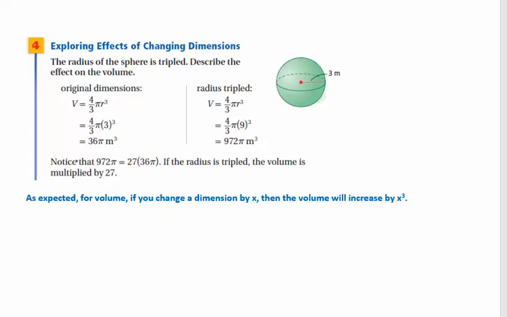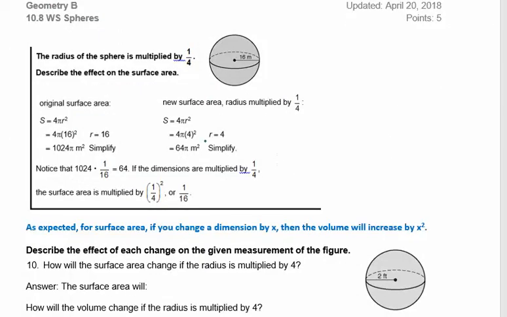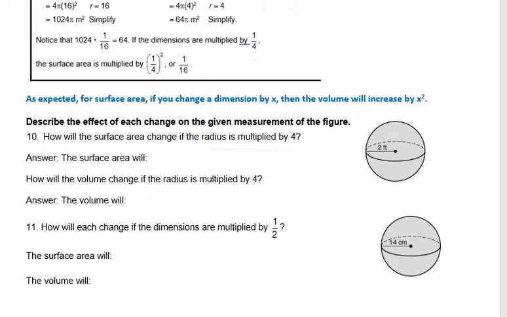So as expected for volume, if you change a dimension by x, then the volume will increase by that amount cubed. For surface area, it will only increase by x squared. So whatever you multiply your dimensions by, square that amount to see how much the surface area will change by.